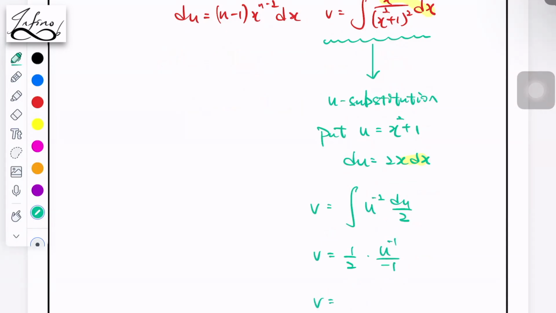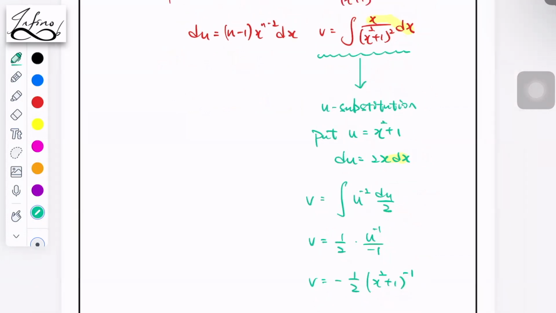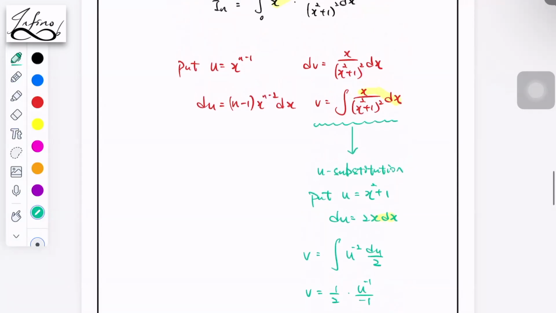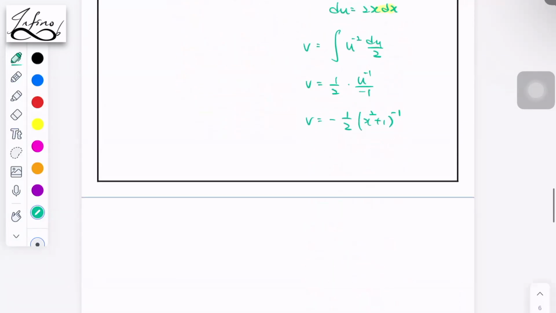So v is simply negative 1 over 2, times (x squared plus 1) to the power of negative 1. Okay, straightforward.